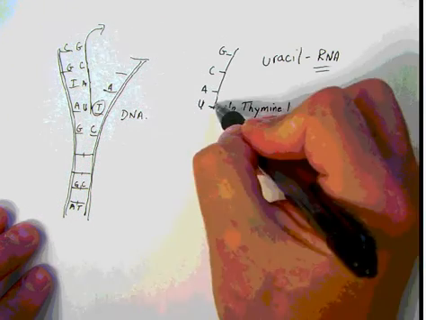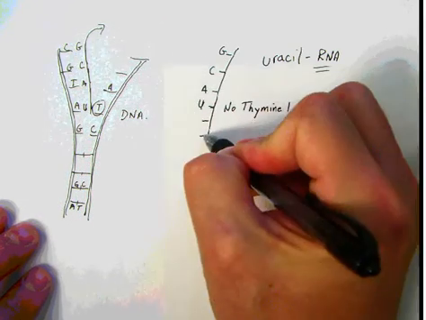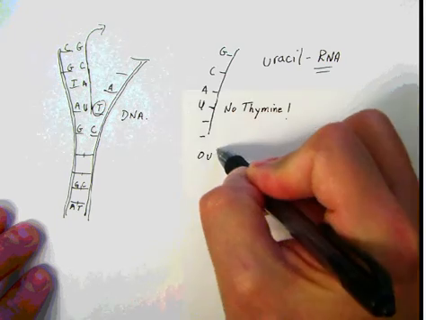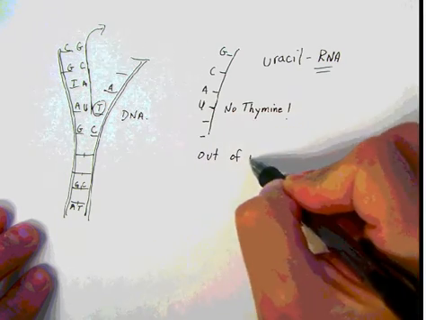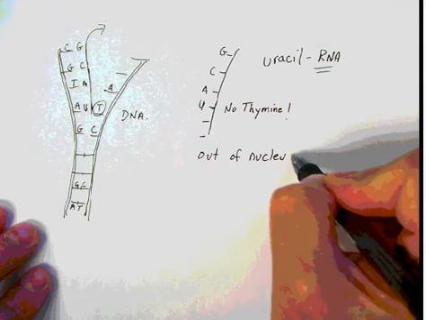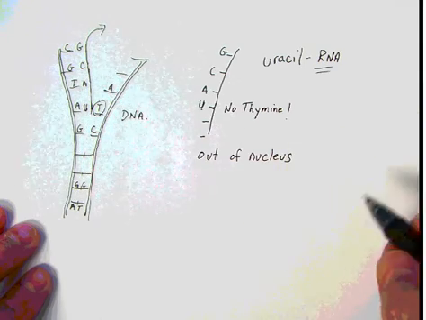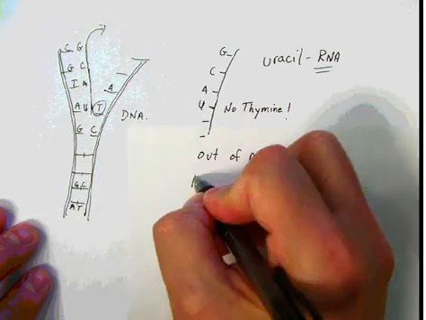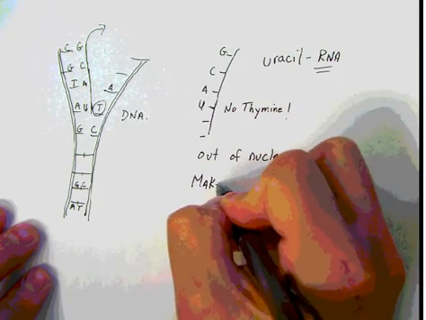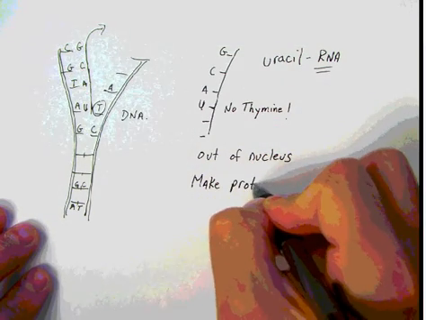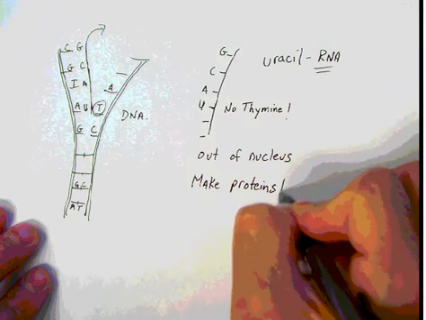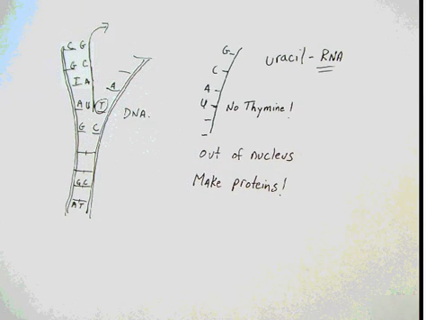Now this RNA code would travel out of the nucleus and it would go help to make a protein. And those proteins do the jobs inside your cells.